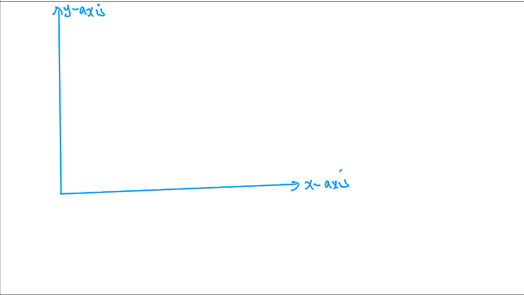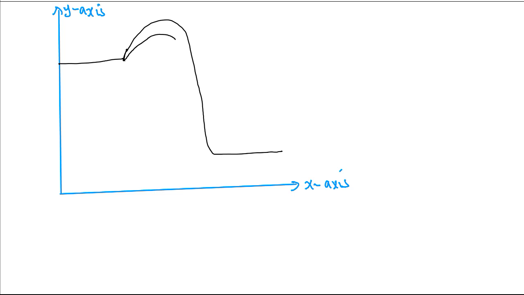So these are the reactants. Uncatalyzed, then catalyzed, products, reactants.